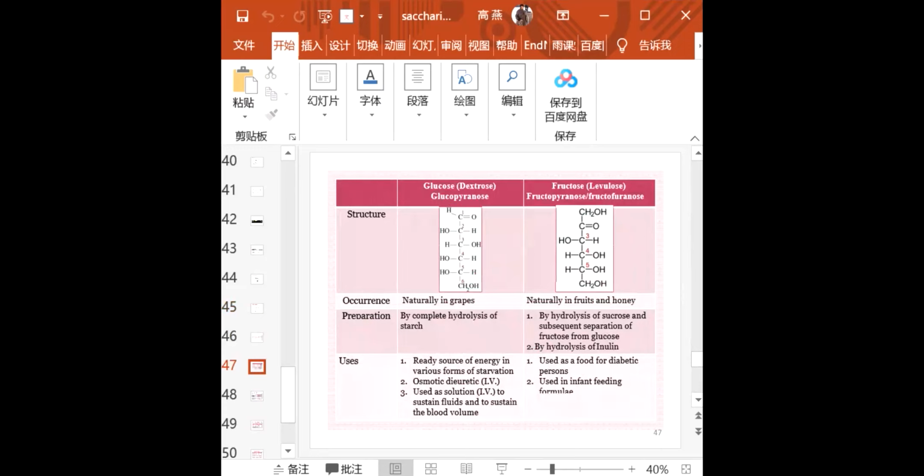And actually, in Chinese, most of the names of saccharides are derived from their natural sources. For example, glucose in Chinese is 葡萄糖, and its natural occurrence is grapes. 葡萄 in Chinese means grape. So the Chinese names of saccharides are derived from their natural sources.